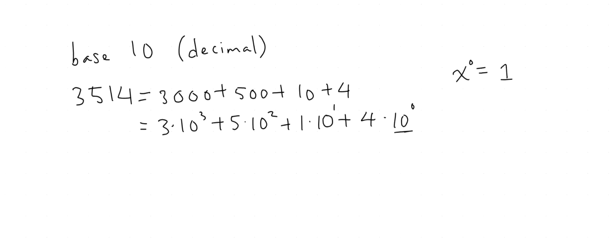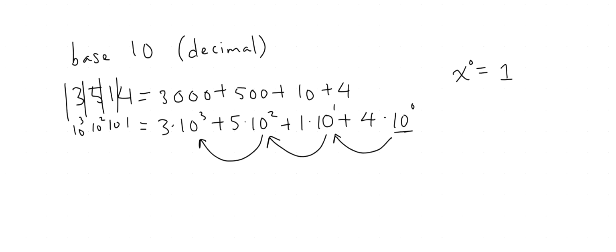So what it means to be in base 10 is that each place value represents a different power of 10. So this one represents 10 to the power of 3, 10 to the power of 2, 10, and 1. So you'll be multiplying the digit by that value of 10, and then you add them up to get your number. So with each new place value, you're multiplying by 10.